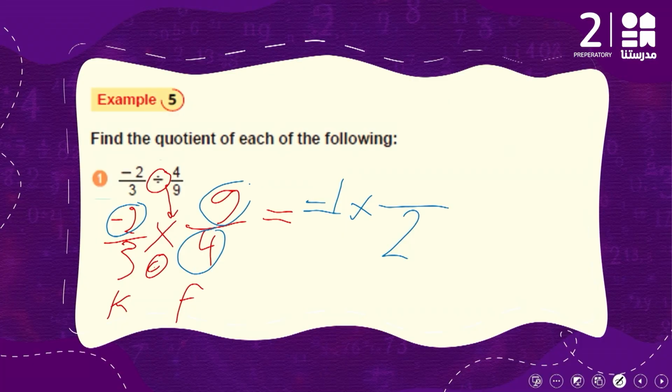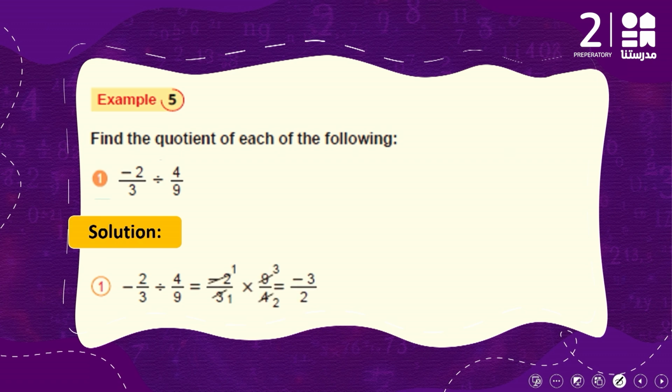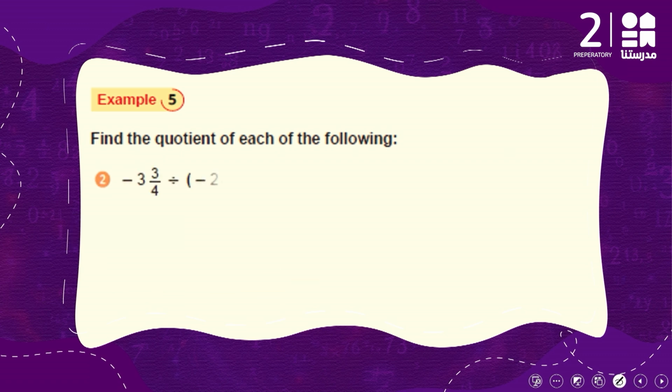Now we have 9 and 3, both numbers divisible by 3. 3 divided by 3 is 1, and 9 divided by 3 is 3. Let's multiply. Negative 1 times 3 is negative 3, over 1 times 2, which is 2. So as we said, it turned into a multiplication question normally.